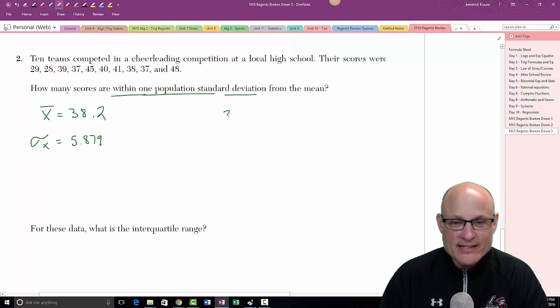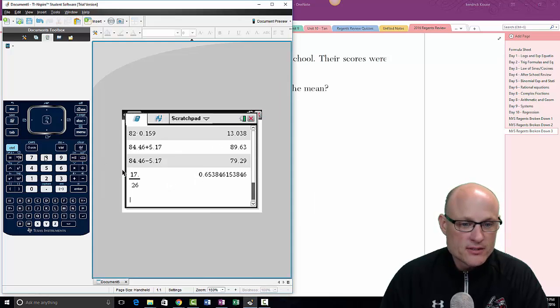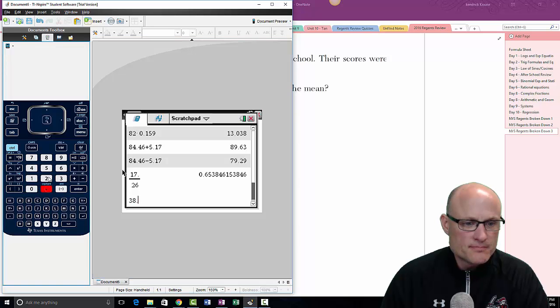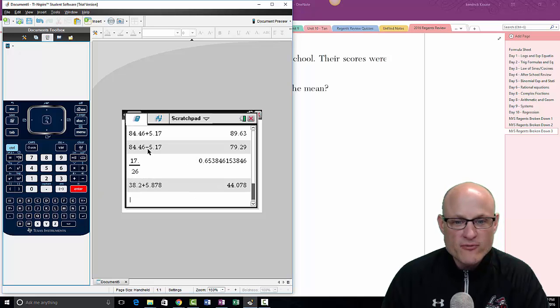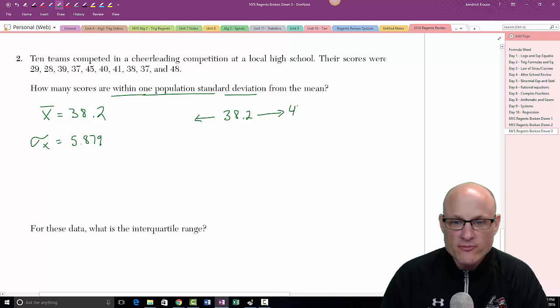So again, I've got to take this 38.2 and add and subtract. So I'm going to come back over to my calculator. 38.2 plus 5.878, and I get 44.078.